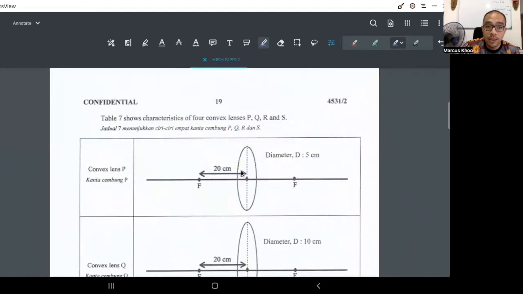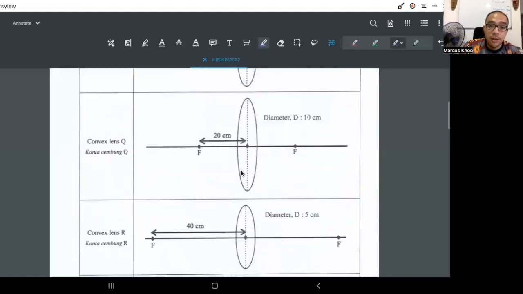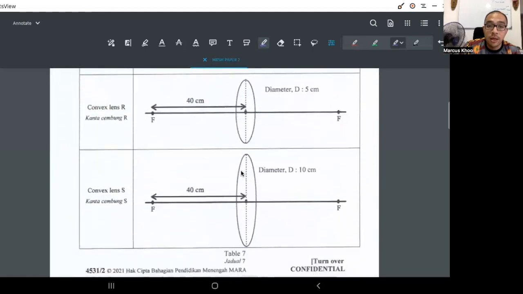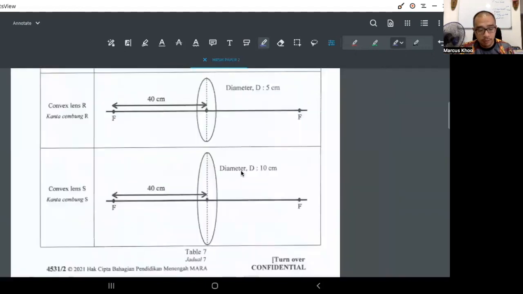But let's take a look at the convex lenses P, Q, R, and S. So when we look at it, the first thing is the focal length. Do we want a bigger focal length or a smaller focal length? Of course, we want a bigger focal length.